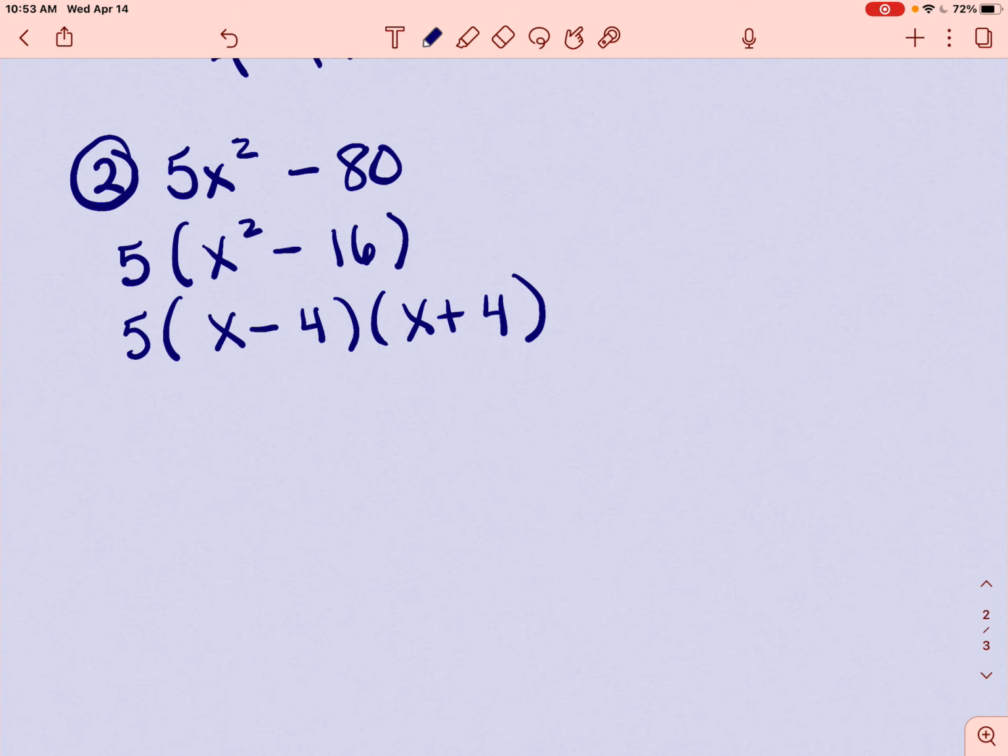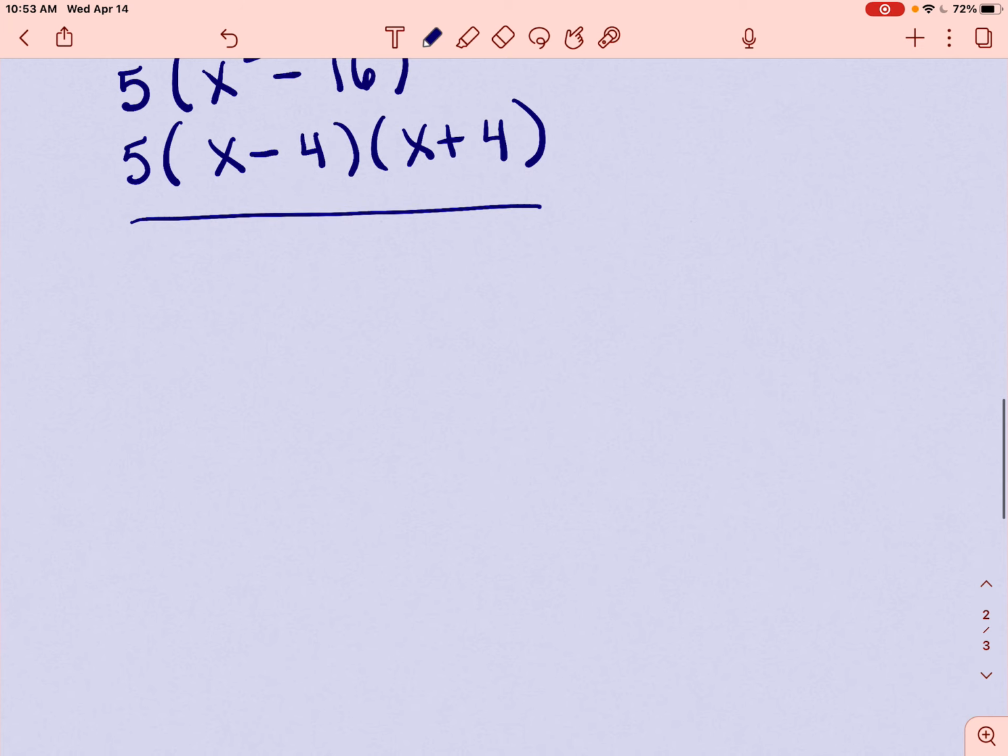All right, here's another example. And feel free to pause and try these yourself until you get stuck or you've finished, and then start the video back up. All right, do we have a common factor here? It wants to look like a common factor, but I don't think so. We don't have a perfect difference of squares. It's not a perfect square trinomial because that's not a perfect square.